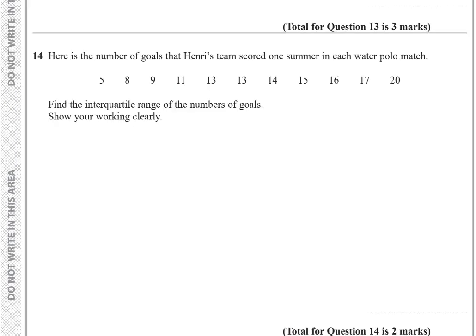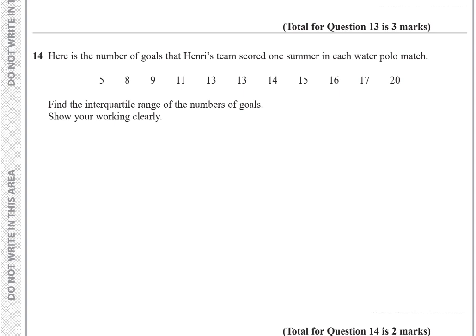Number 14. Here is the number of goals that Henry's team scored one summer in each water polo match. Find the interquartile range of the numbers of goals. Interquartile range equals upper quartile minus lower quartile.